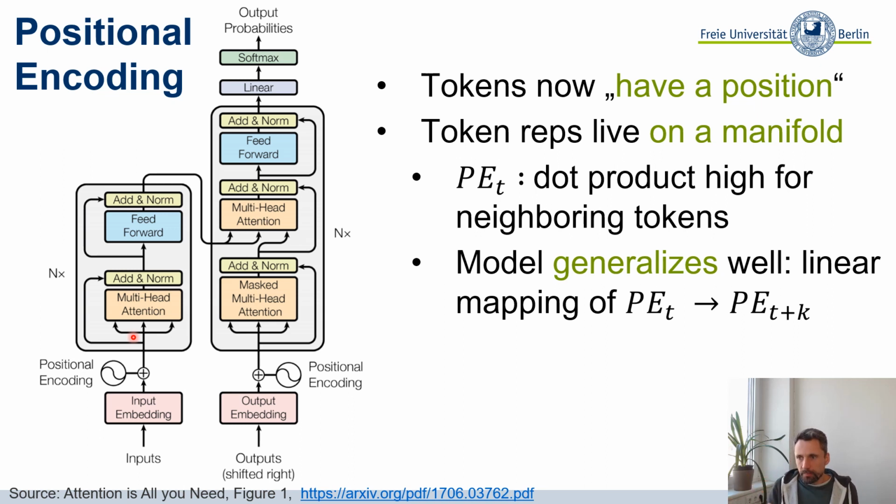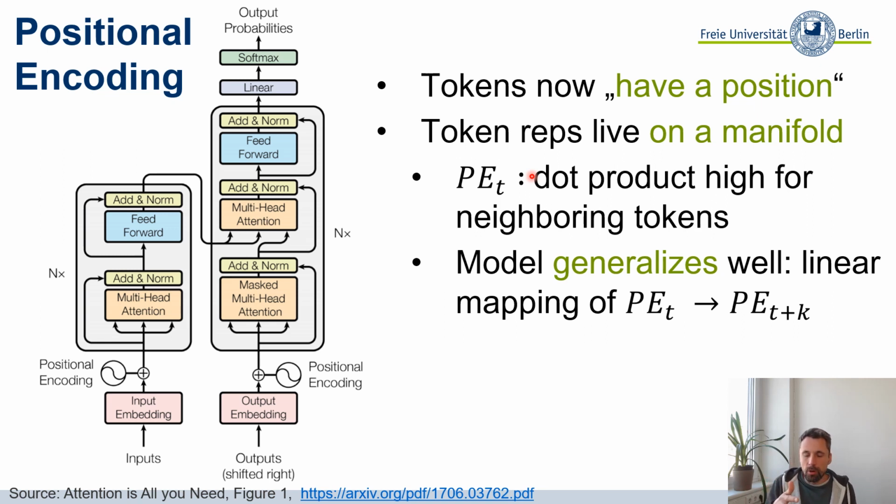And this comes with two properties that are nice. First of all, mapping to Q and K, those vectors that we'll then multiply together in a dot product: if tokens are close in the sequence, the positional embedding will be close.